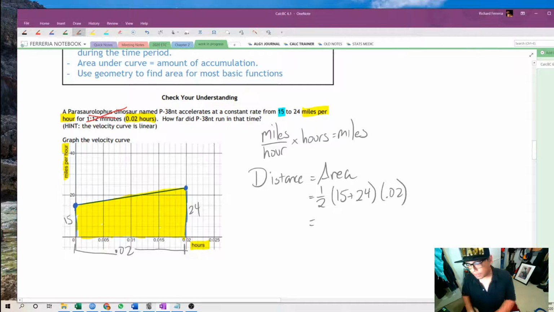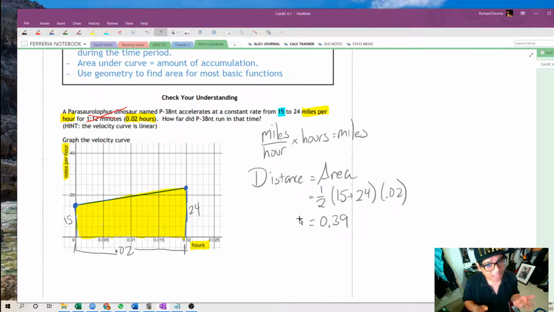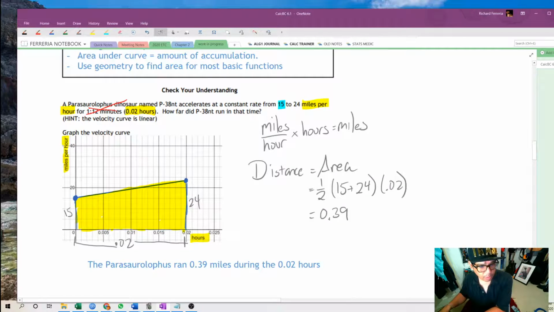And let's figure out what that is. Our mathematics tells us that the distance run by the Parasaurolophus was 0.39, and now we just need a summary statement. So our Parasaurolophus ran 0.39 miles during the 0.02 hours, or basically during the 1 minute 12 second time interval.